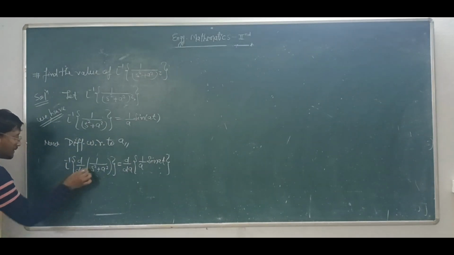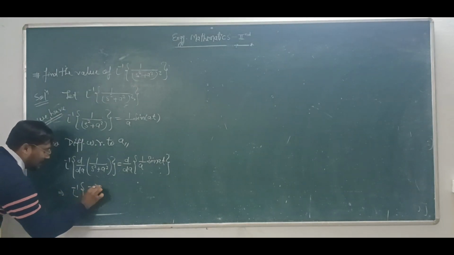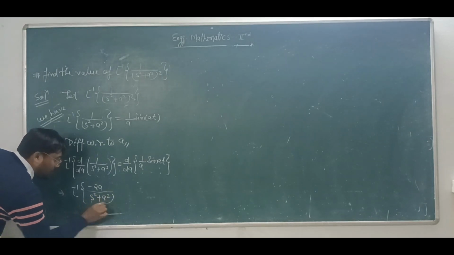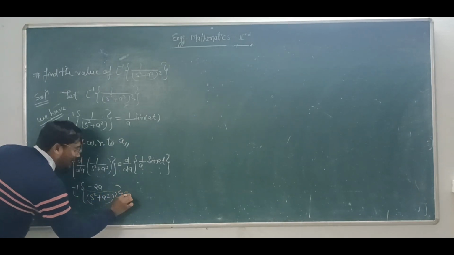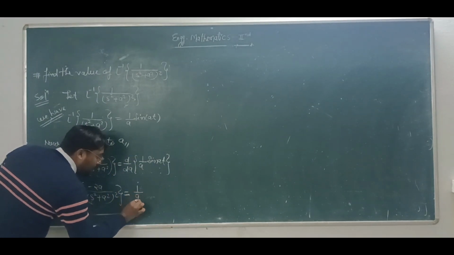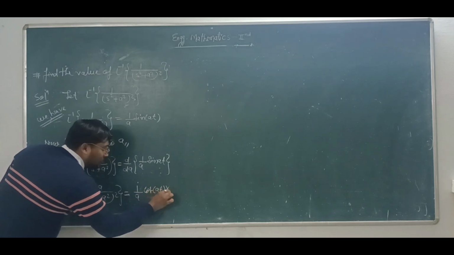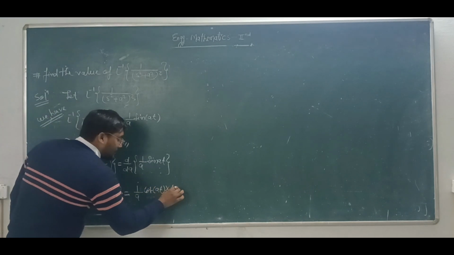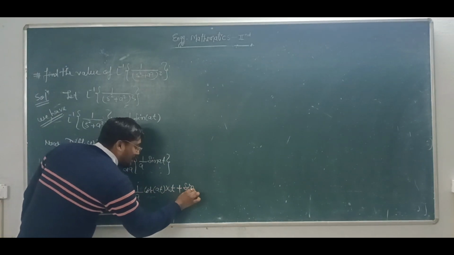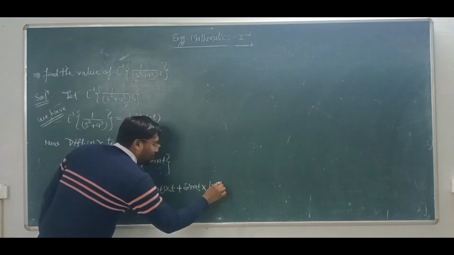First, u upon v. This means L inverse of minus 2a upon (s square plus a square) to the whole power 2, and this is a function of u into v. This means 1 upon a cos at into t plus sin at into its derivative, which is minus 1 upon a square.